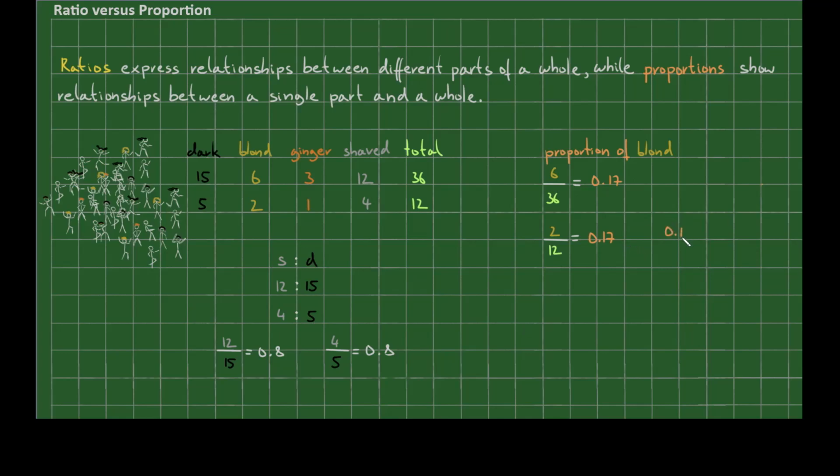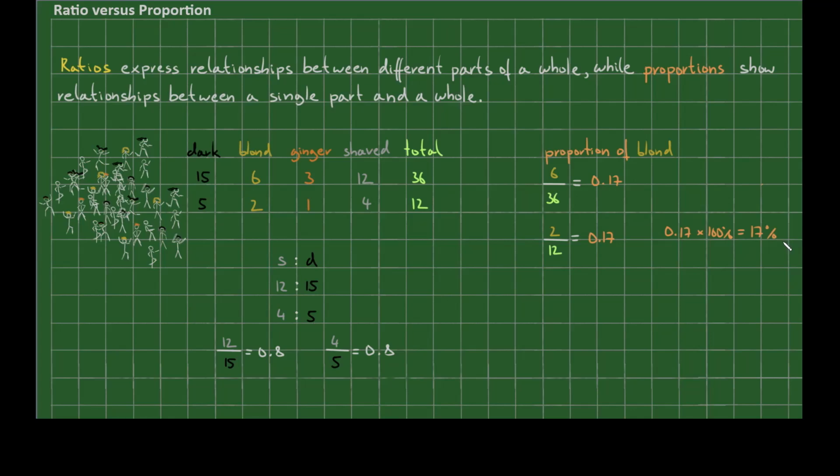To do that, we take the proportion as is and we multiply it by 100%, and in this case, that will give me 17%. So I could say that the proportion of blonde people on the dance floor is 0.17, or 17% of the people on the dance floor happen to be blonde.